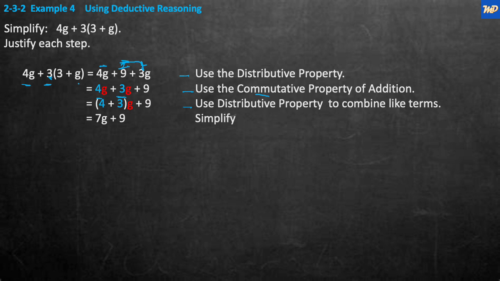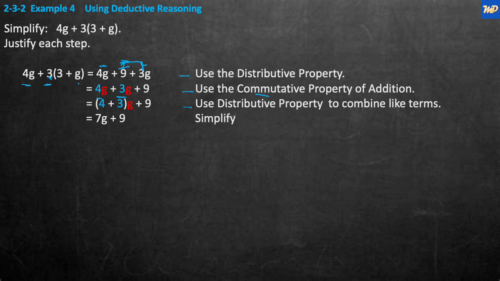We're going to factor it out by pulling the g out with the parentheses as we do for the distributive property. So we end up with 4 plus 3 times g, because we had the 4g plus 3g. When you take the g out and move it outside, you've got the 4 and the 3 left. So using the distributive property again to combine the like terms, there's a step kind of missing here.